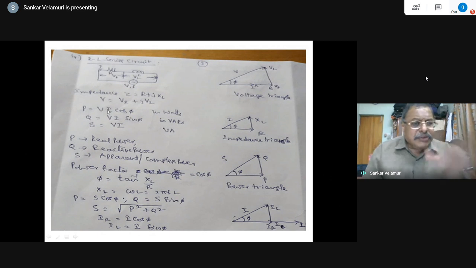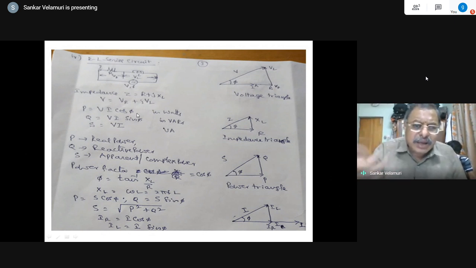By standard convention, in written text, capital V and capital I are the RMS values, and they are represented as phasors in one stroke. Instead of going for too much mathematical notation, because we know the difference, we are going ahead with that. They are not scalar quantities, they are phasors.